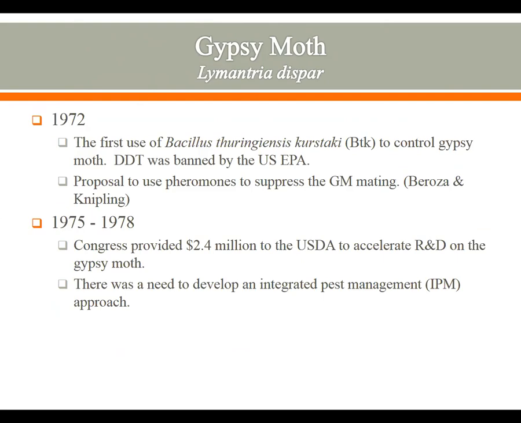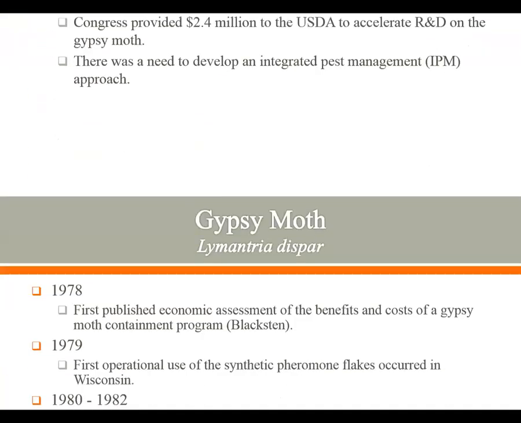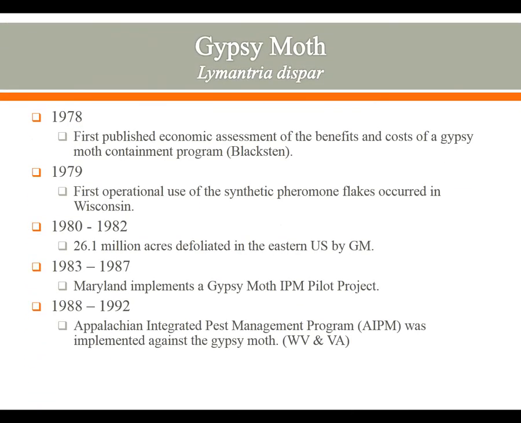And then in 1978, the first published economic assessment of the benefits and cost of containing the gypsy moth, and it did prove to be economical to make this effort. Then in 1979, the synthetic pheromone flake was first used in Wisconsin and tested out. So it took about 9 years for a method of carrying the pheromone to be implemented and tested.